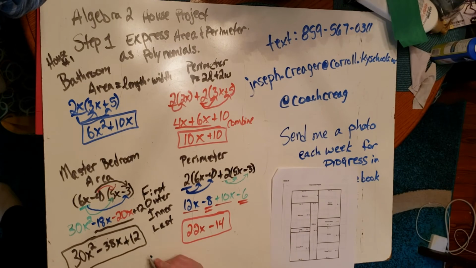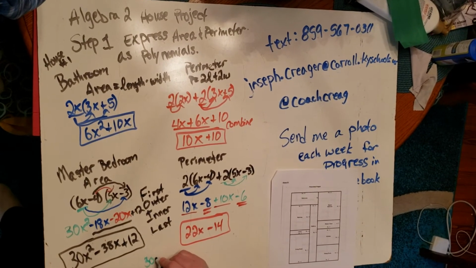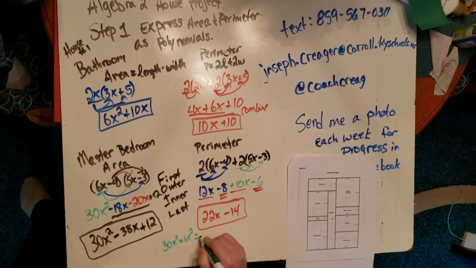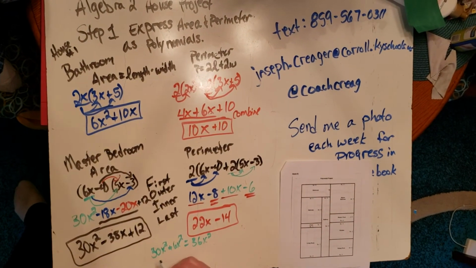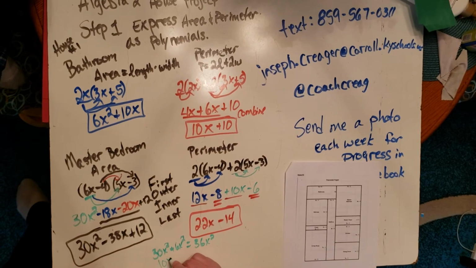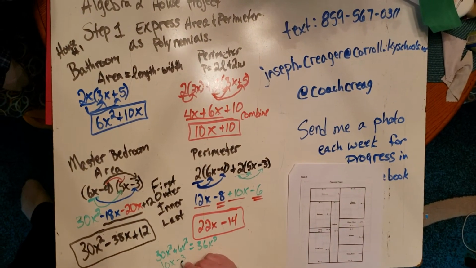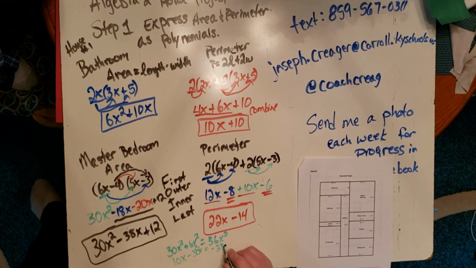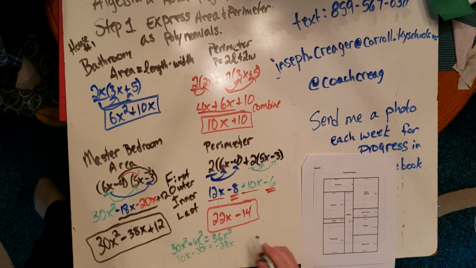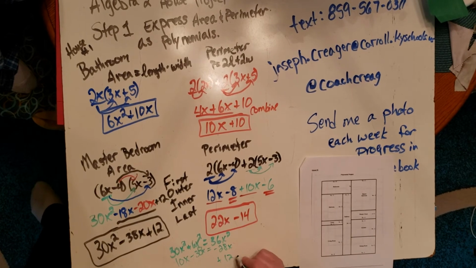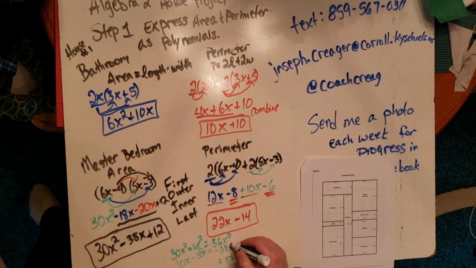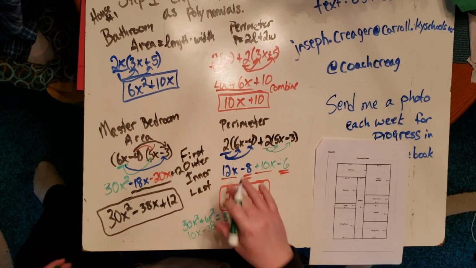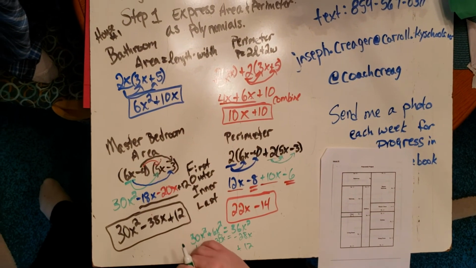When I do that, I'm just combining like terms. So 30x squared plus 6x squared is 36x squared. I would have 10x minus 38x, which is negative 28x. And then this 12 has nothing like it, so it just stays as a plus 12. So I would have 36x squared minus 28x plus 12 as my combined area of those two rooms.